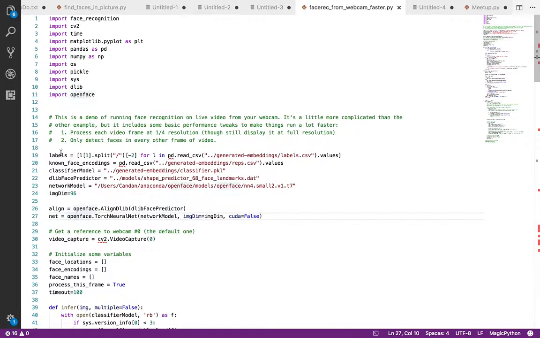These are the known faces, known face names. And these are the face encodings, 128 points. And this is our classifier, the binary of the classifier. And this is just the shape predictor. When you're working with the OpenFace library, you need to install dlib. Dlib stands for shape recognition.